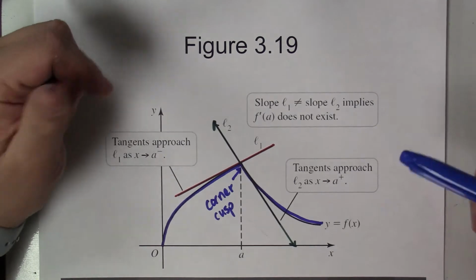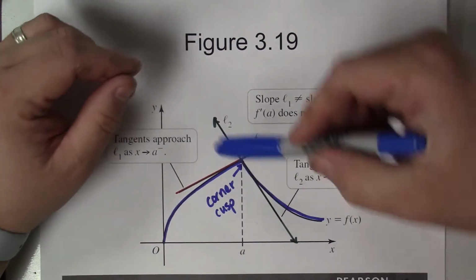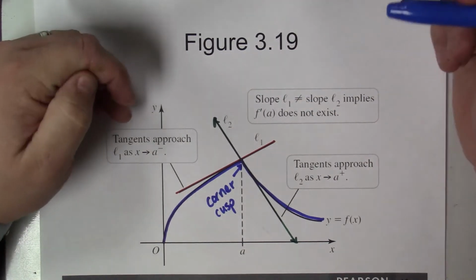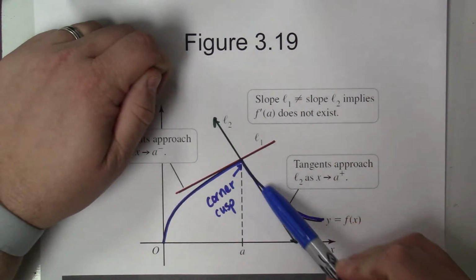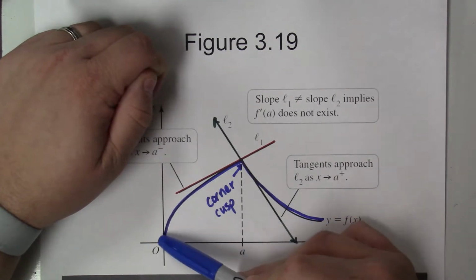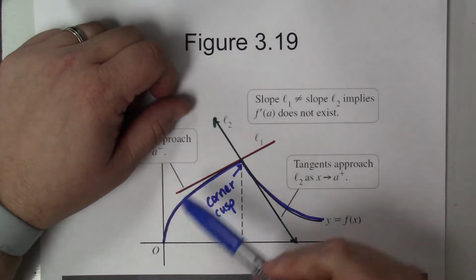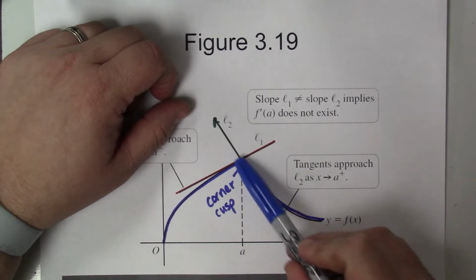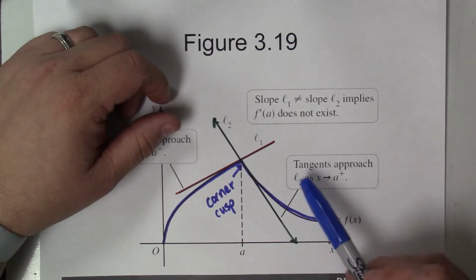One of my favorite rules for continuity is that if it's continuous, I can draw it without ever picking up my pen. One of my favorite rules for differentiability is I can draw it without stopping the pen. So if you notice here, for me to make this turn, I have to come up here, stop, and then change. There's really not a good fluid way for me to perfectly follow this function without having to stop first.